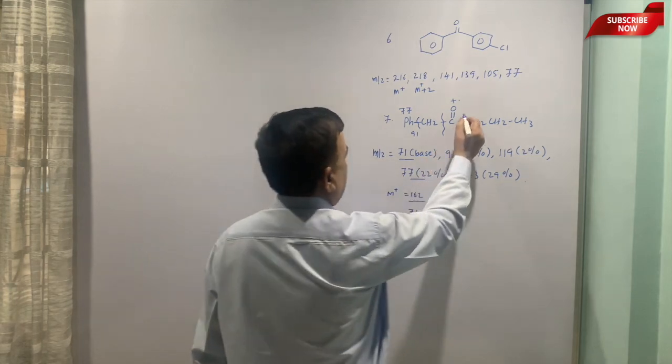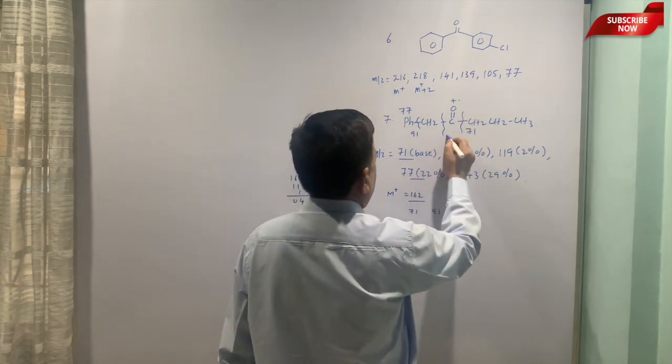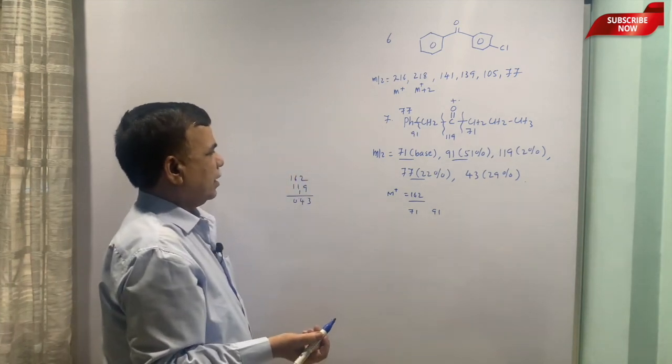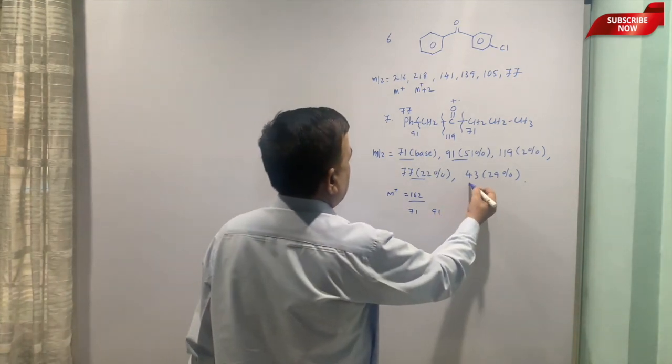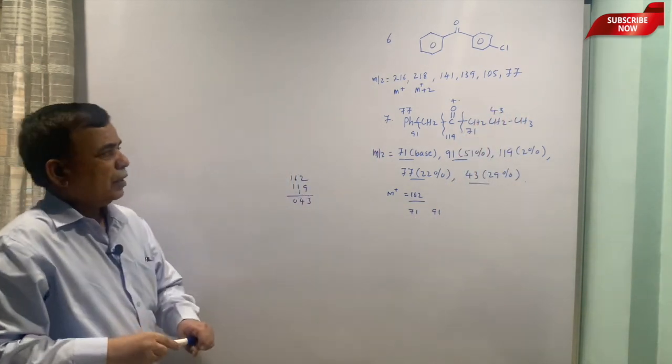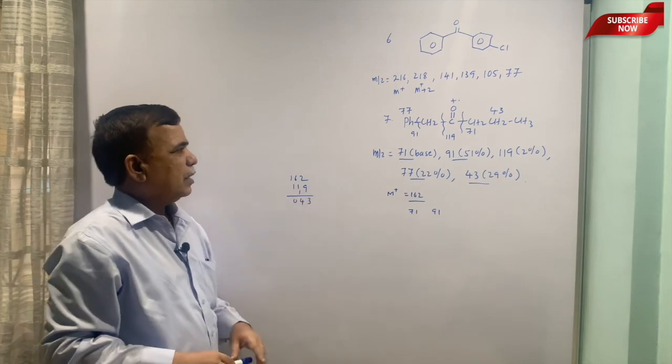This part is 119, that is 2%, the abundance is less, but anyway, and 43 is already there, this part is 43. So once you write down the fragments, you can explain.